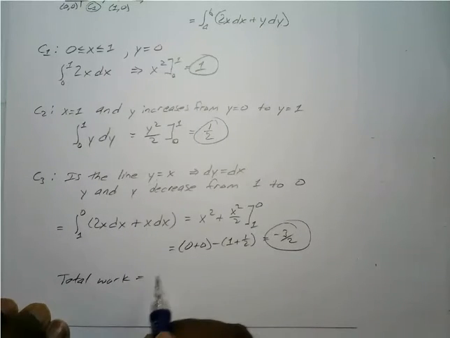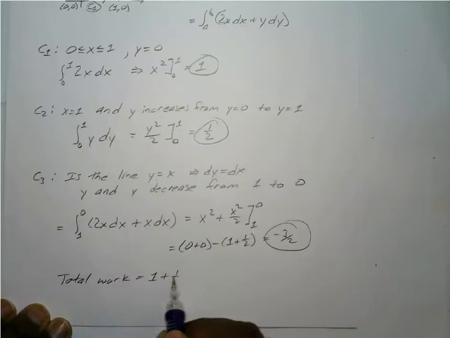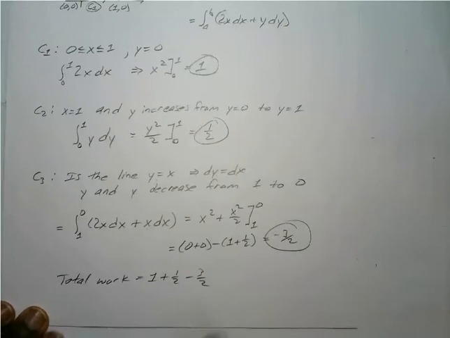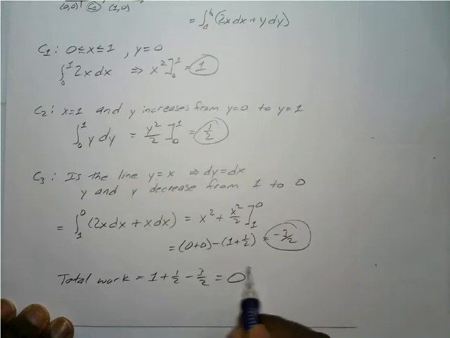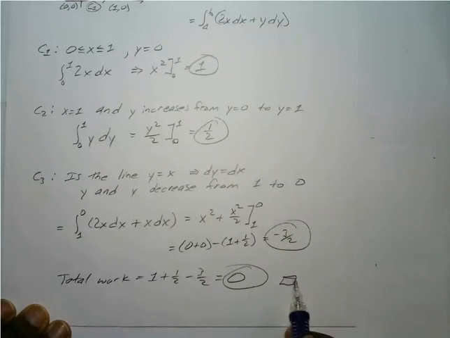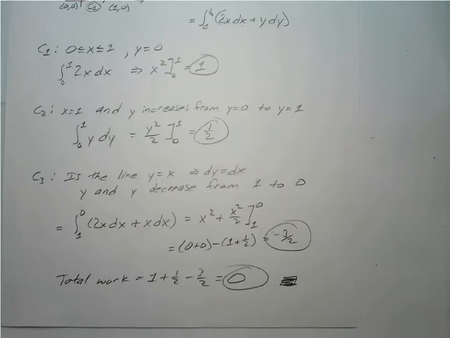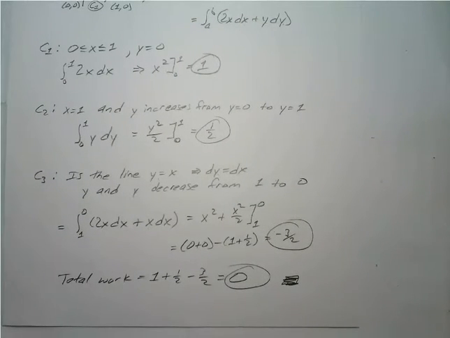We just add all of them together. You have 1 plus 1 half minus 3 over 2, which, oddly enough, is equal to 0. There's 0 work done. Now it won't always be 0, of course. This is just for this problem. But problems like this are pretty much solved the same way.